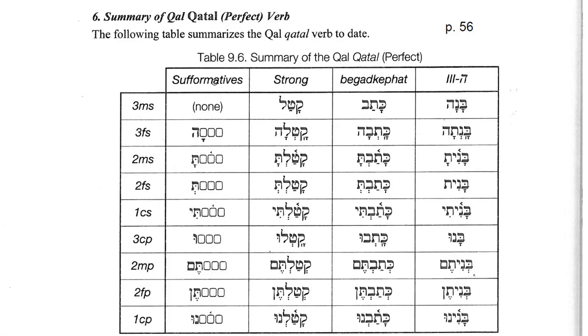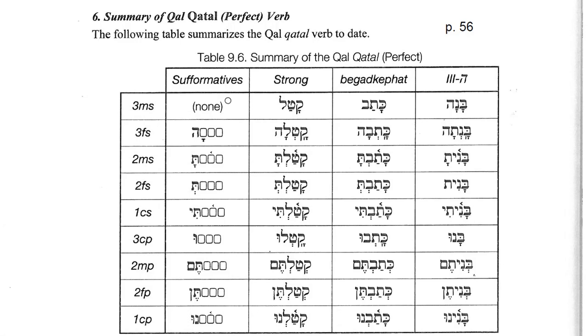The suffixes are the endings. The Qatal, or the perfect form, is also called the suffix form because it's formed using suffixes. There's no prefixes. Notice that here's our root here. None of these has anything added to the beginning. When we look at Yiqtol verbs, we'll see prefixes added.